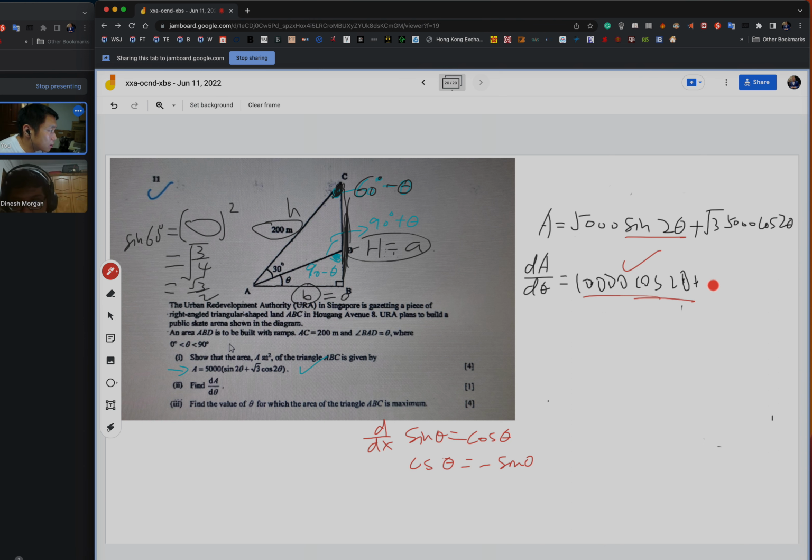Then when it comes to this, you just do the 5000 times the square root 3. So this will give you the negative, right? So you just sine 2 theta, right? Your 2 must go out also, right? So it's 10,000.